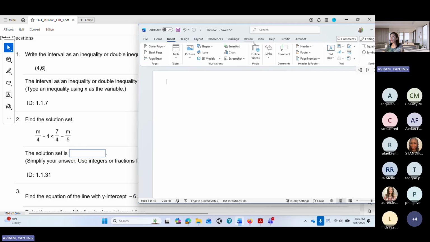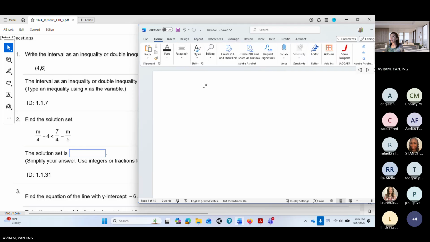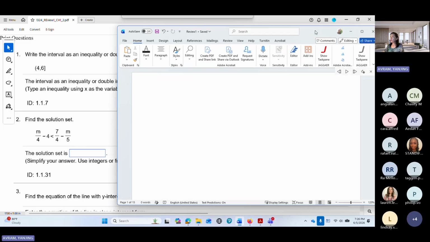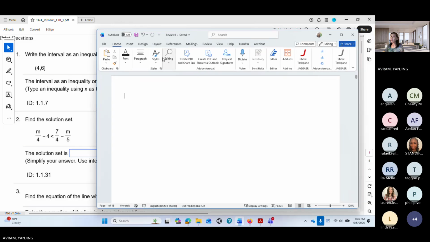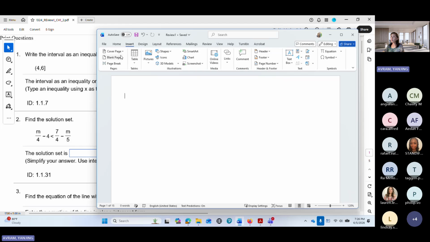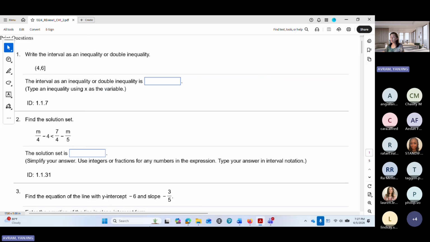Okay, let me see. I'm trying to see where's my draw button. Okay, my draw button is not in here. Okay, let me go ahead and open another one.